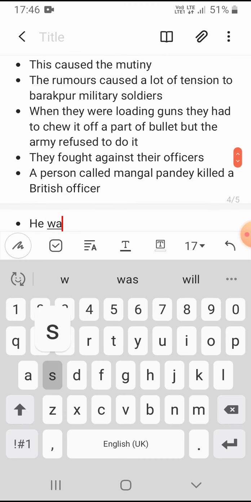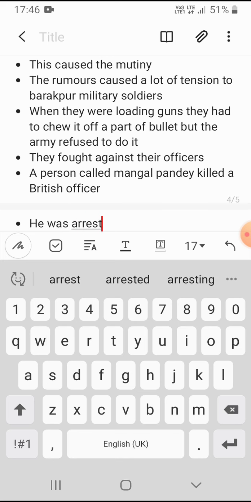He was arrested, and later he was hanged.